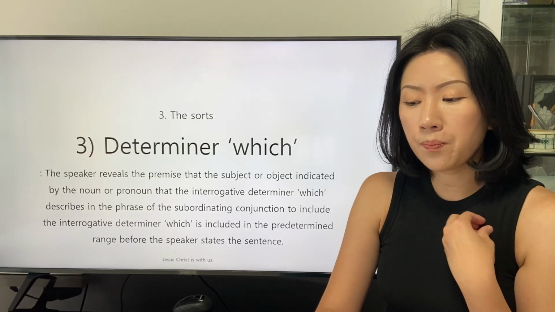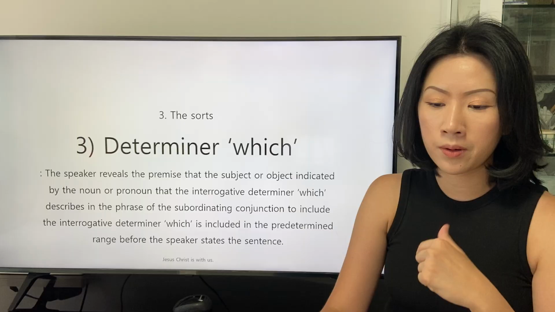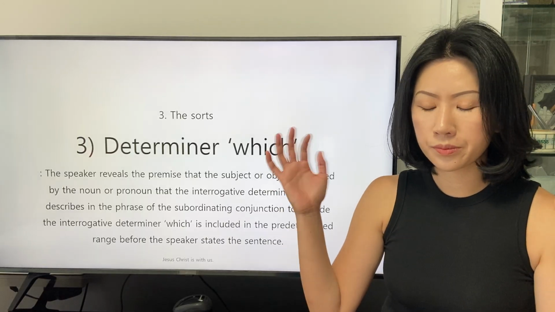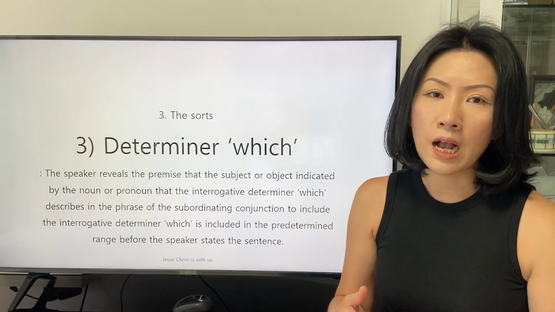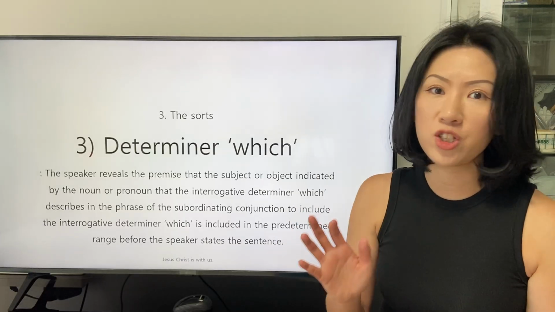and the speaker allows the listeners to make it clear out of the options of the predetermined range.